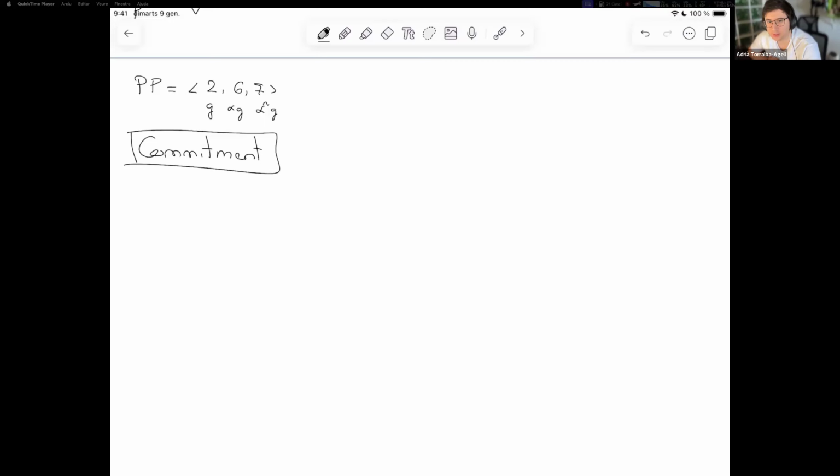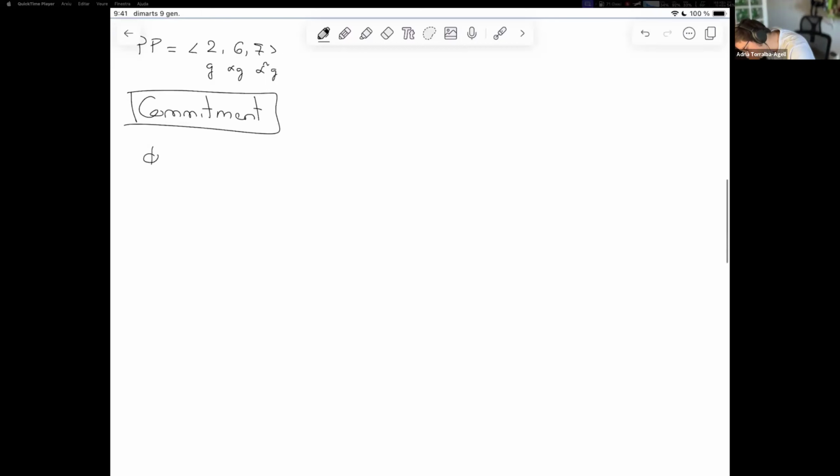Now I need a prover that will commit this polynomial. Phi of x is 3x squared plus 5x plus 7. Okay? So who wants to be the prover?